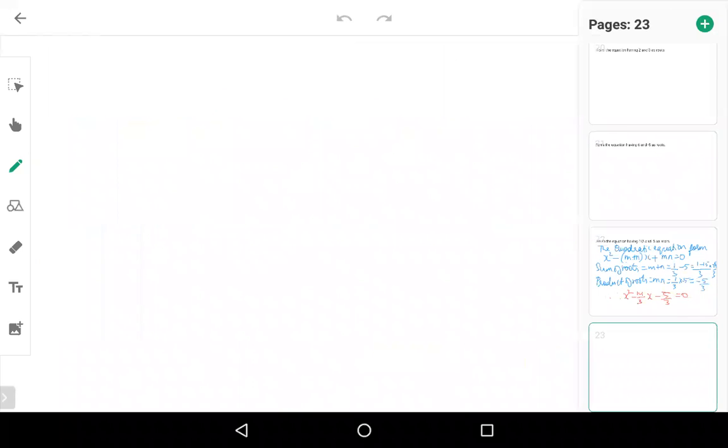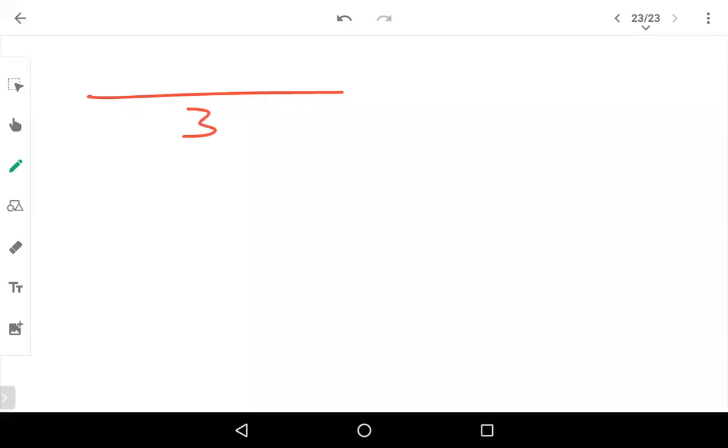The LCM is going to become 3 as it is, and above you will have x square, okay, we will take it as minus 4x minus 5x, sorry, minus 5 only, right?